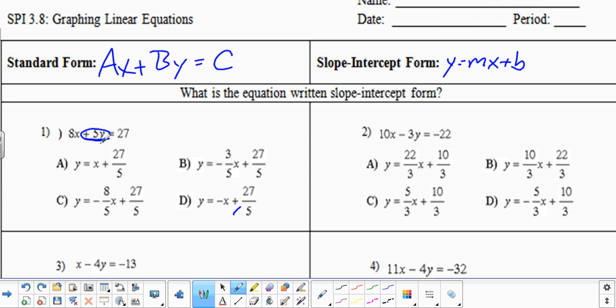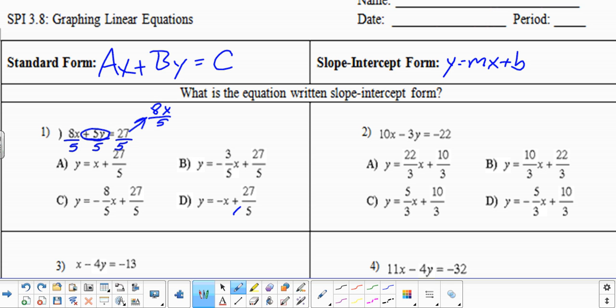I divide by 5. But when I divide one thing by 5, I have to divide everything by 5 because mathematicians are always fair. It would be unfair to not divide everything else by 5. So now that we have that, I'm going to rewrite the equation up here. 8 over 5 cannot be reduced, so I'm going to rewrite that as 8x over 5.